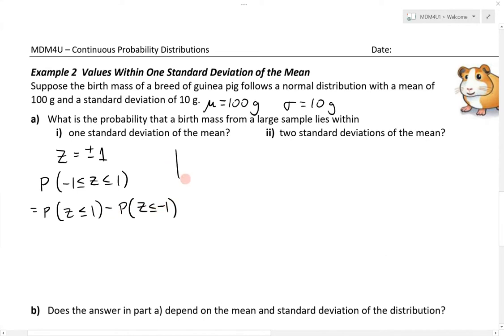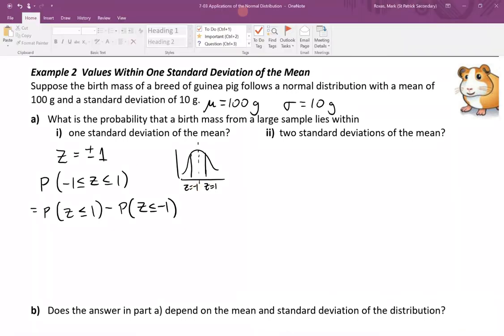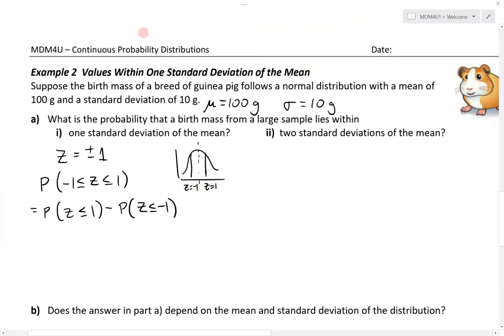Okay, because again, think about the graph. Here's your mean value. Z positive 1 over here, Z -1 over here. If I find the probability that Z is less than or equal to 1, that gives me the area of this portion of the graph.